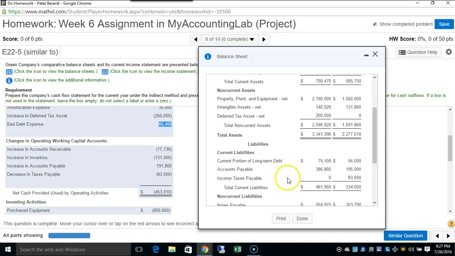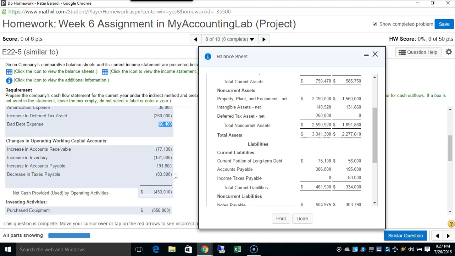Now let's go to our current liabilities. Accounts payable increased from $195,000 to $386,800. So therefore, accounts payable increased by $191,800.